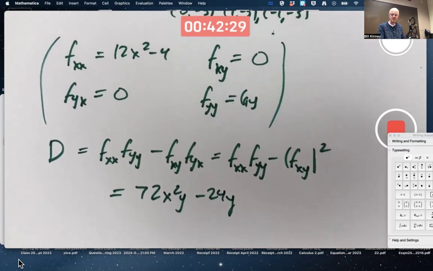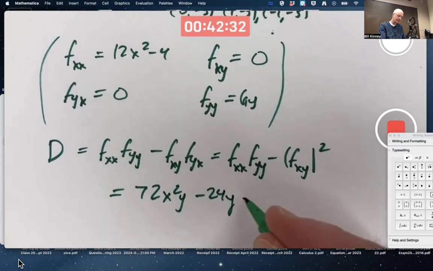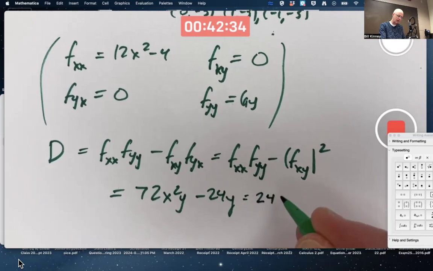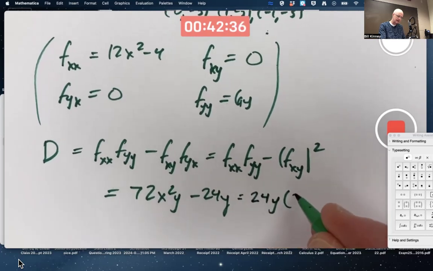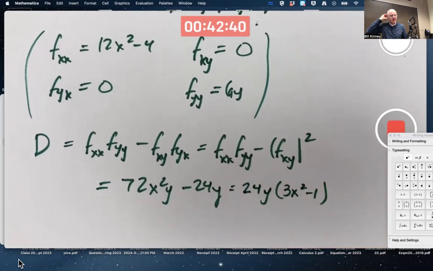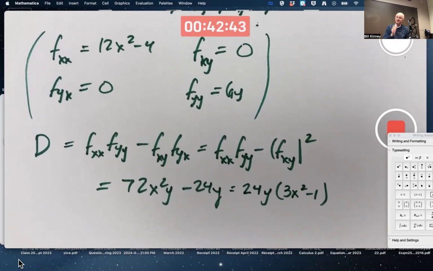For this example, it might be simpler to write that as 24y times 3x squared minus 1. Not that you have to. Then you take this discriminant and you plug in the critical points.